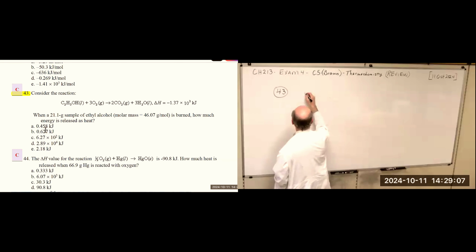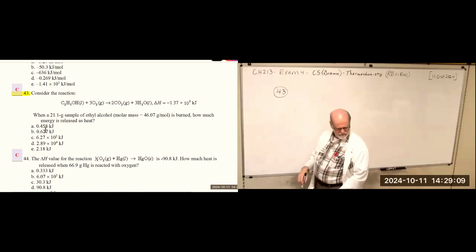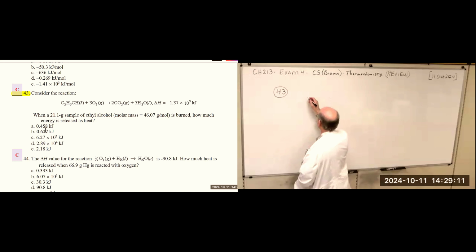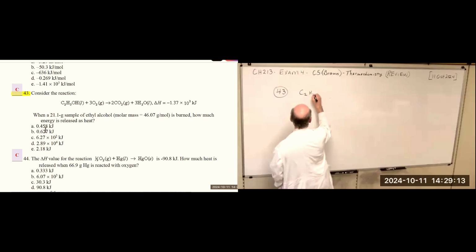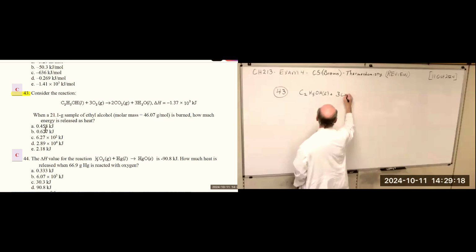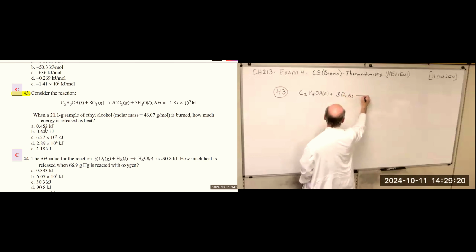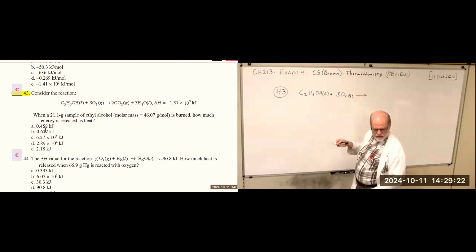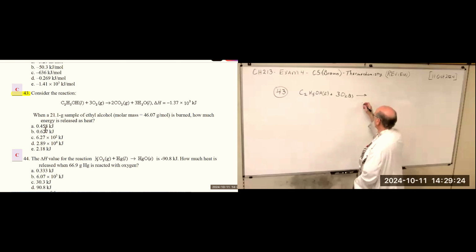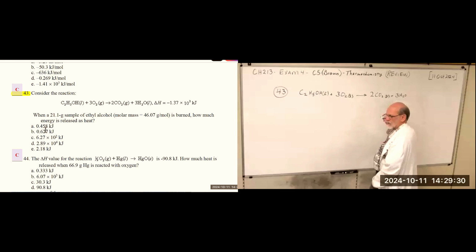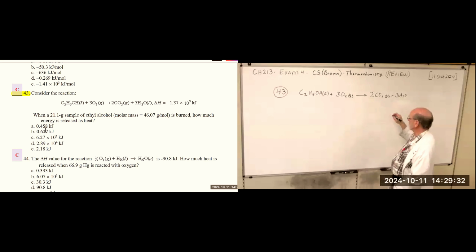So if we have, what was it, C2H5OH, that's a liquid, plus 3 oxygens, right? And 2 carbon dioxide and 3 water. Is it going to be a gas? No, it's a liquid. Under standard conditions, it'll be a liquid.